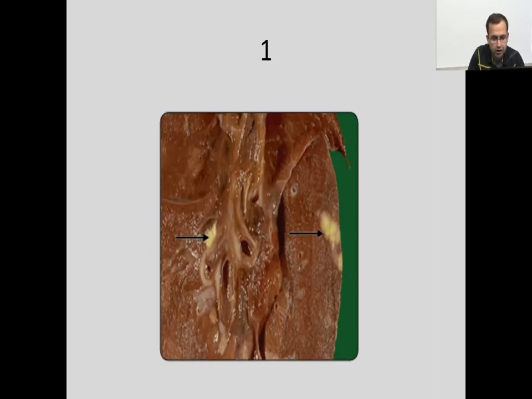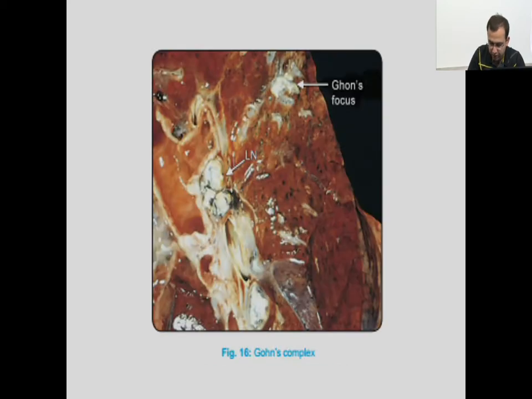What you have here is the arrow showing an area of consolidation close to the pleura. Ghon's focus versus Ghon's complex: we have Ghon's focus close to the pleura with involvement of regional lymph nodes, marked with an arrow. So Ghon's focus plus regional lymph node involvement is Ghon's complex.